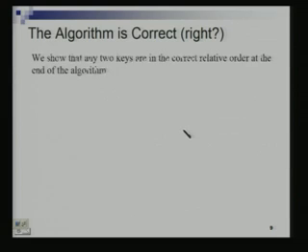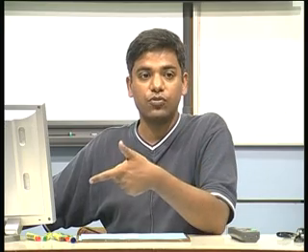Now, let us understand the correctness of the algorithm. We are now going to show that any 2 keys are in the correct relative order at the end. That means that if I take 2 keys, one is smaller than the other, then in the end the key which is smaller appears before the key which is larger.